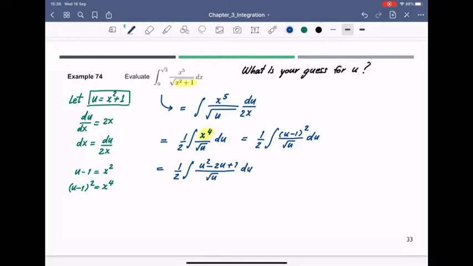That is good because I'm going to get 1/2 integrate, u squared over square root u is u to the 3/2, right? Minus 2 times u to the 1/2 plus 1 times u to the negative 1/2.